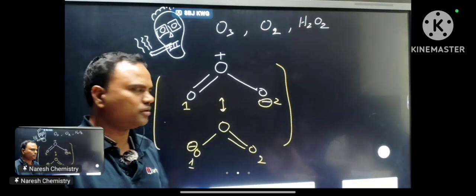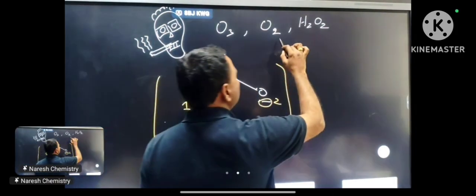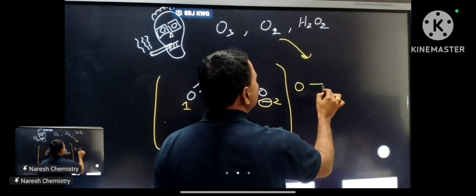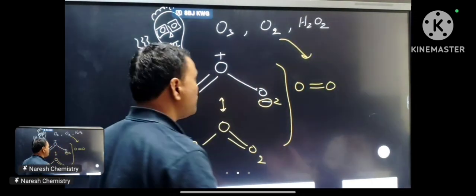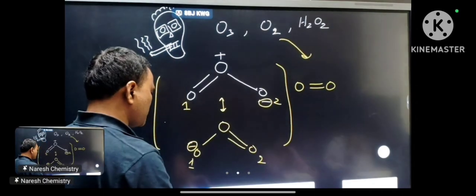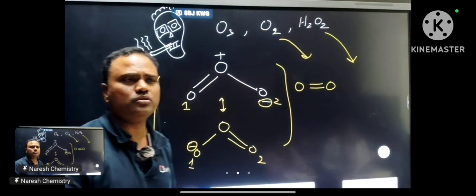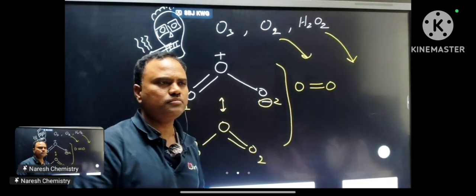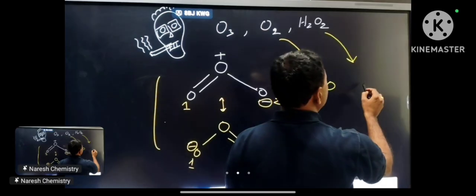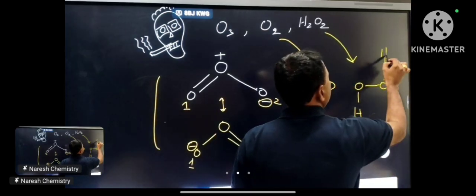Very, very important. This is about O3 structure. O2. Everyone knows about O2. O2 structure: O double bond O. And H2O2, open book structure. Hydrogen peroxide. Sometimes you have to remember the structures even though you do not have those compounds in your regular objective syllabus. But you have to remember this structure of hydrogen peroxide.